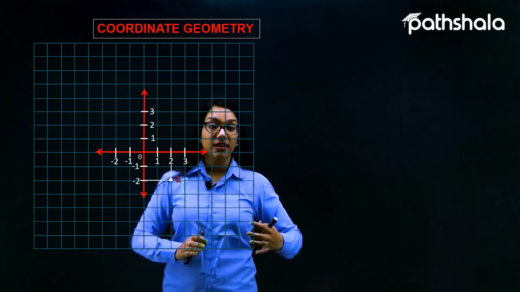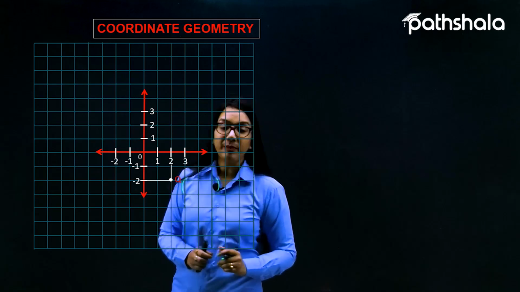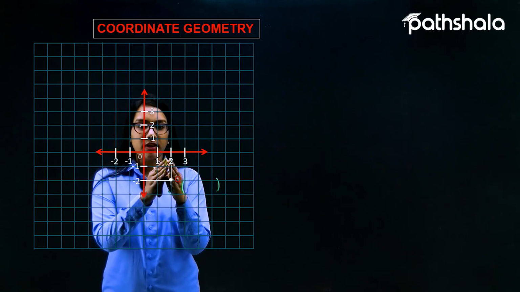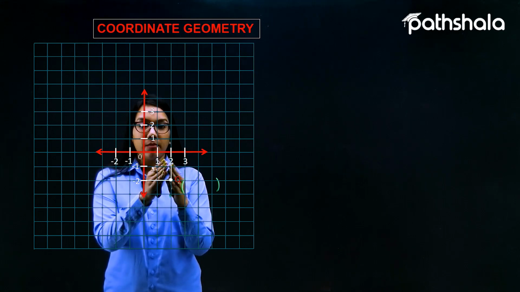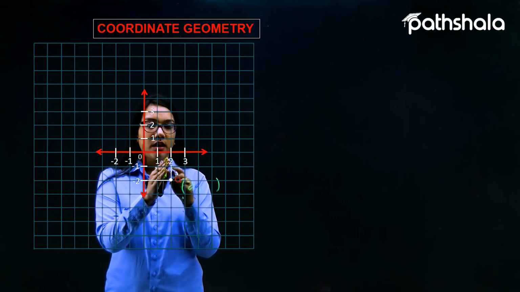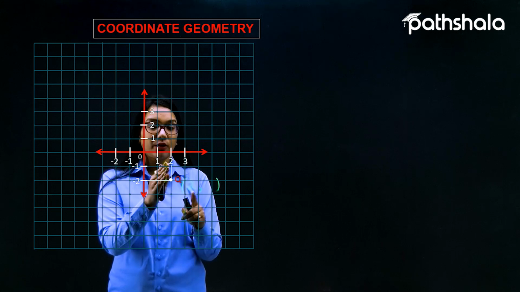So how can we write the coordinate? Let's first look at the x-axis. The number on the x-axis is 2, so let's write 2 as it is.